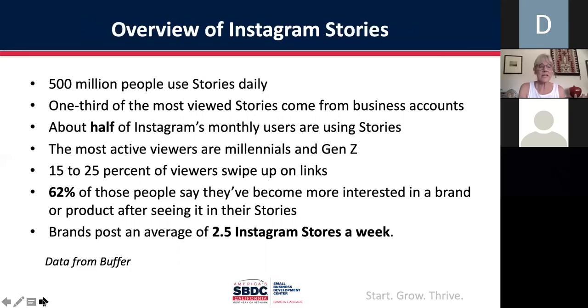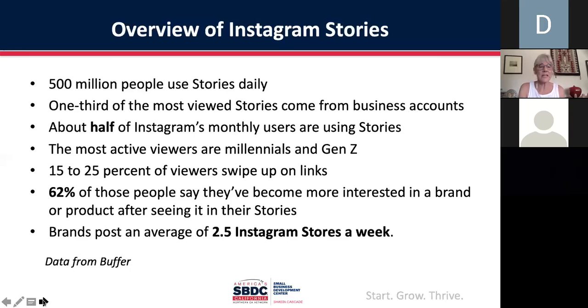A third of most viewed stories come from business accounts, and about half of Instagram's monthly users are using stories. Again, like I said, the most active viewers are millennials and Generation Z. 15 to 25% of viewers swipe up on links.